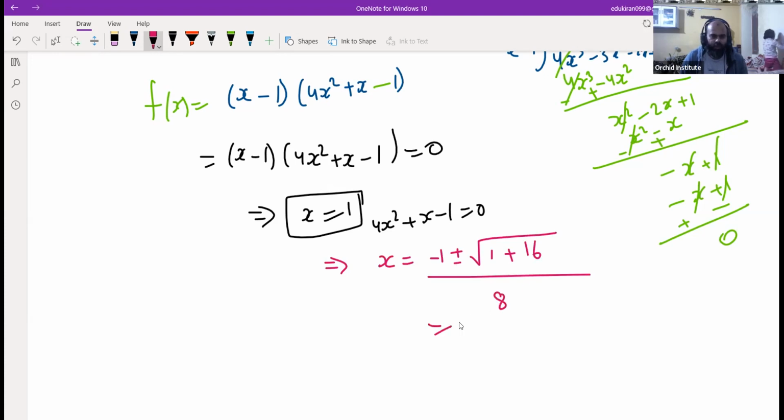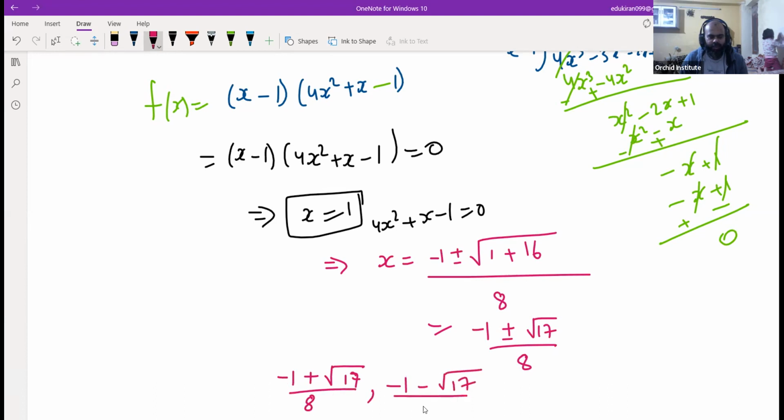This formula you have to write. So this will become minus 1 plus minus root 17 by 8. So the other two factors are not rational ones: minus 1 plus root 17 by 8 and minus 1 minus root 17 by 8. These are the other two factors.